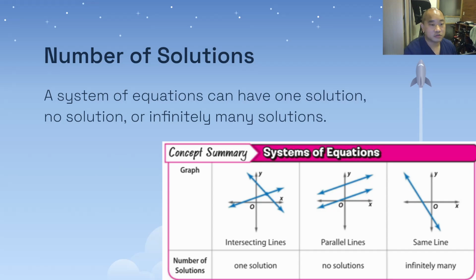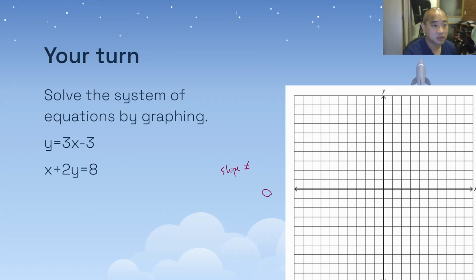All right. Sometimes there's one solution, which is everything that we've seen so far. There's just been one solution, and it looks like this. This happens when the slope is not the same in the two equations. So we can look back at any of our previous examples here. The slope was 3, and in this one it was -1/2, right?